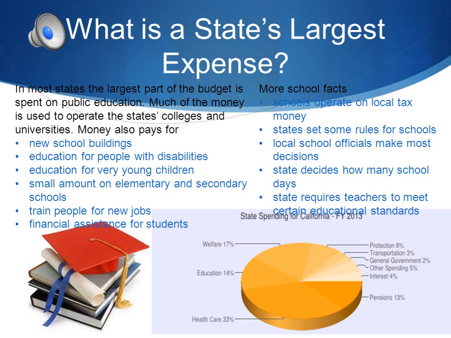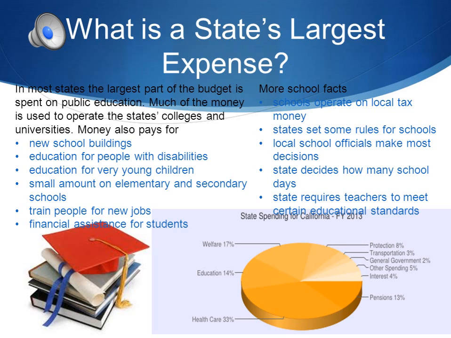And money also pays for new school buildings, education for people with disabilities who require special services, education for very young children. We call it Head Start, which is an excellent program that's been very successful, serving 3 to 5-year-olds, even younger than that. They have ones for even infants. And then also expenses go towards training people for new jobs and financial assistance for students. You can always apply for grants or financial aid, and states pay for that.